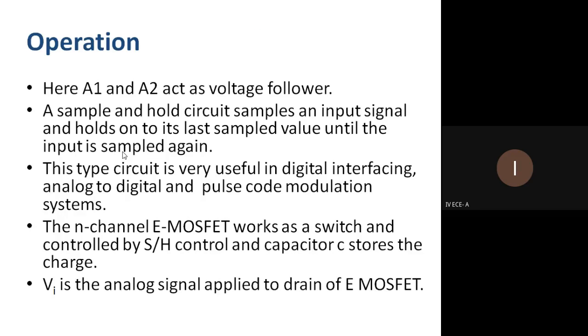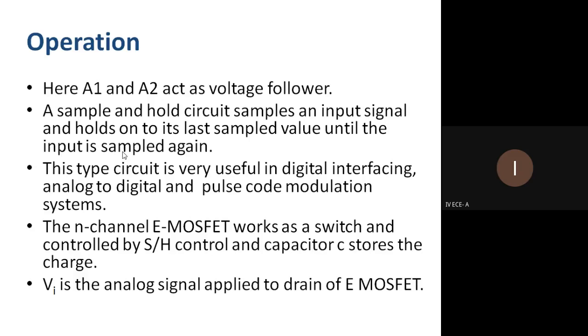The main use of the sample and hold circuit is to sample the input signal and hold on to the last sampled value until the input is sampled again. This is the basic process.